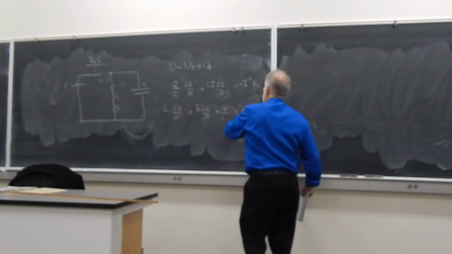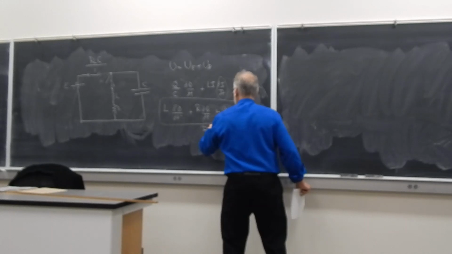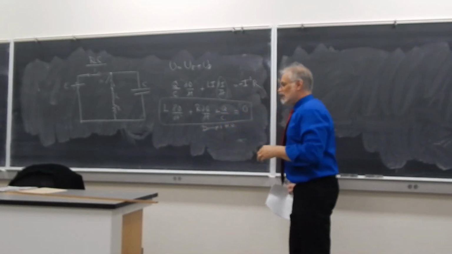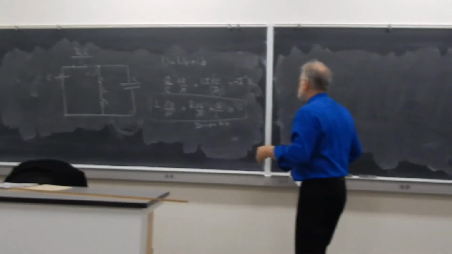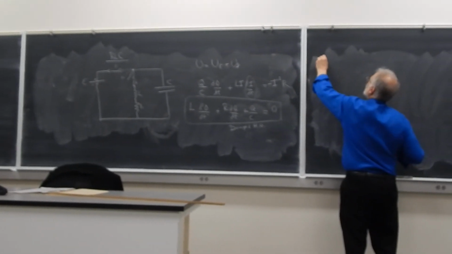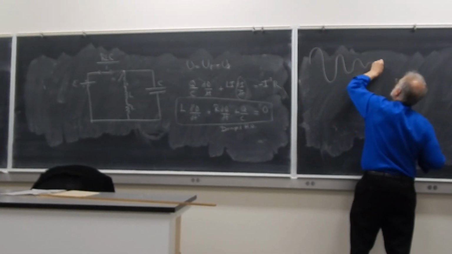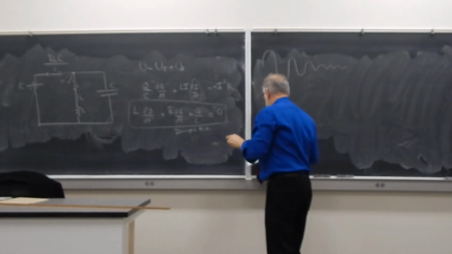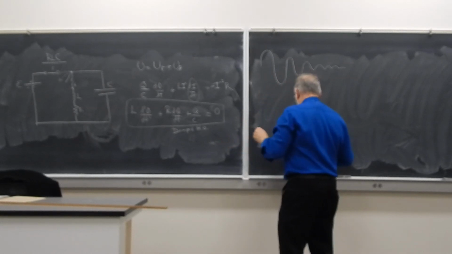This equation is analogous to a damped harmonic oscillator. So it's no longer an oscillator that keeps on oscillating with the same amplitude. It's something where we would expect to see the oscillations dampen out over time. And that's exactly what we're going to see in the case of an RLC circuit.